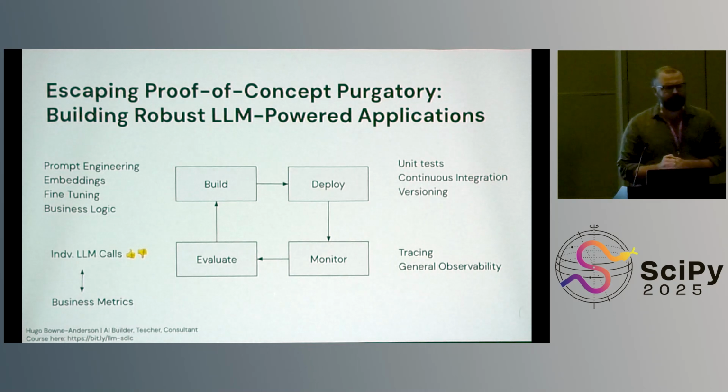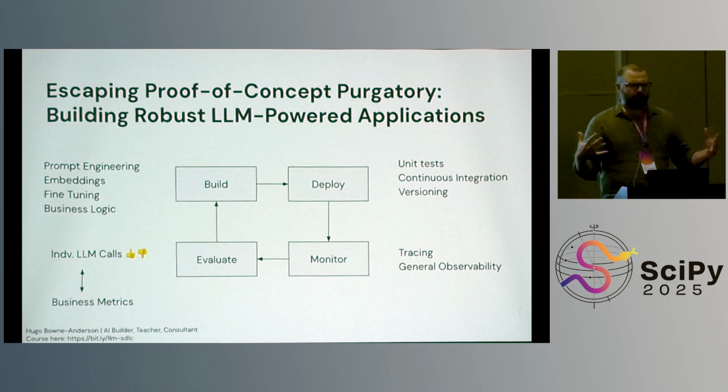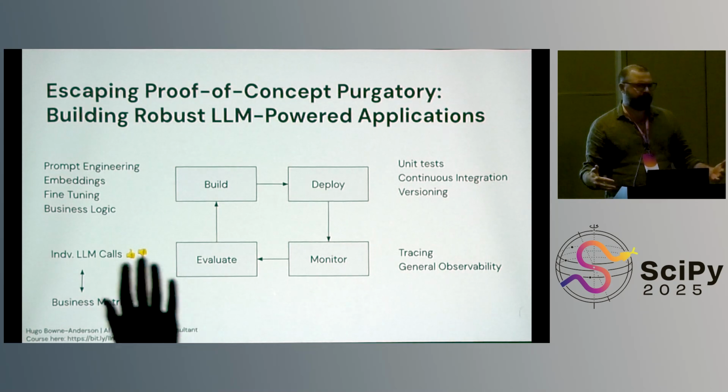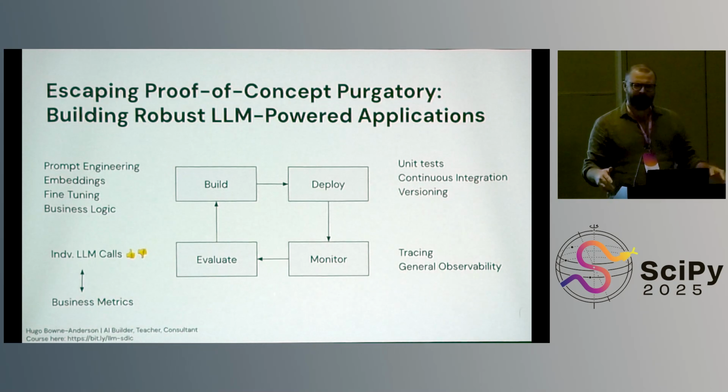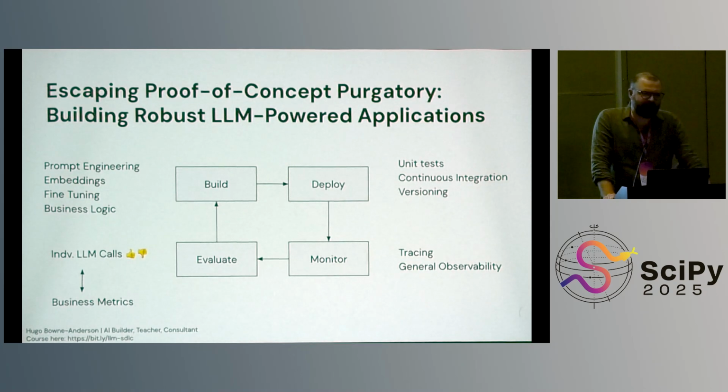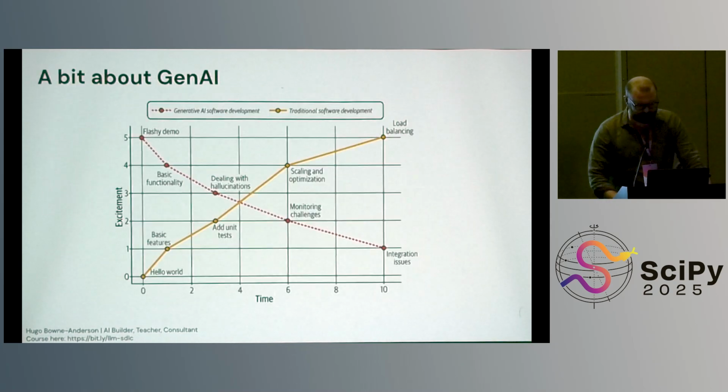Who's built or prototyped some LLM-powered software? Super cool. I kind of want to chat with all of you now about what your challenges are, but we can get to that. So I just want to say a bit about generative AI.